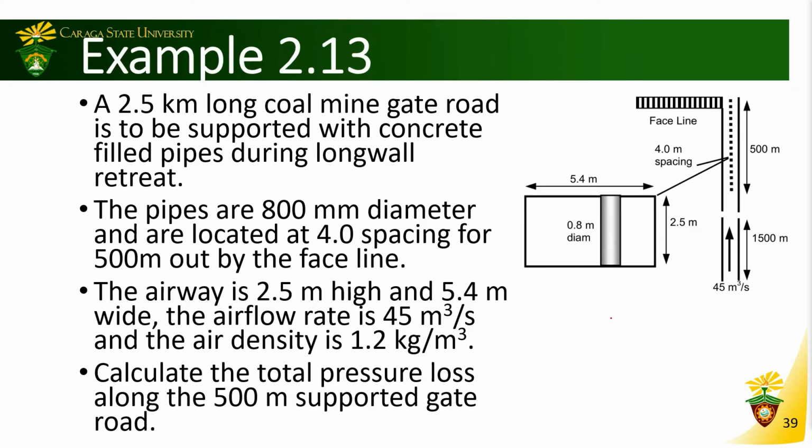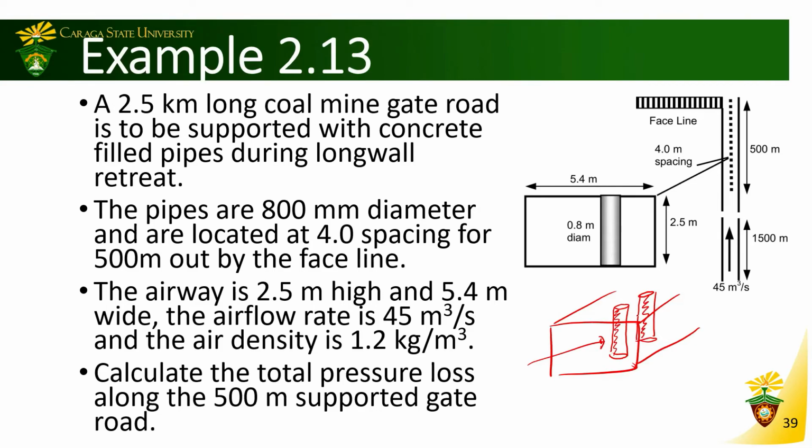So we have posts installed at 4 meter intervals, and the velocity of the air goes towards the phase line, and this would of course create an obstruction to the airway.